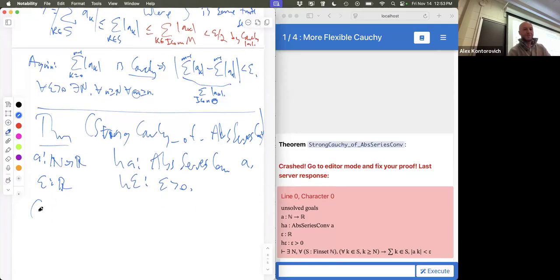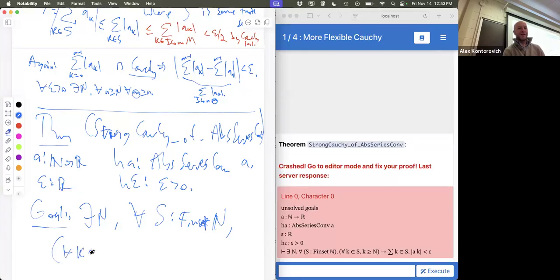And your goal is to show that there exists an N so that for any S, which is a finite set of the naturals, if for all K in S, K is at least capital N, I guess with an equal sign, doesn't matter, that implies that the sum over K in S of the absolute value of a_K is less than epsilon.